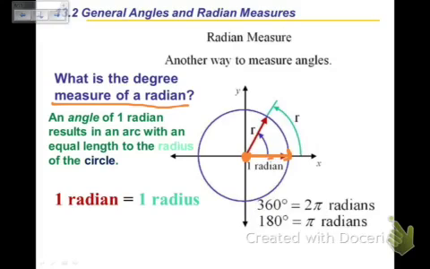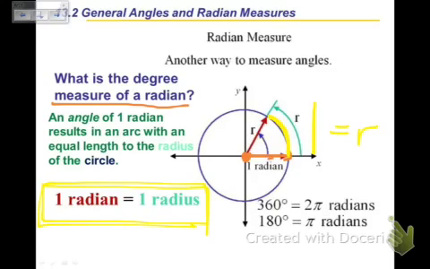If I take the arc that is created and flatten it out, it would be equal to the radius, equal to the r. So that is actually what a radian means. It's just the radius. 1 radian is equal to 1 radius.